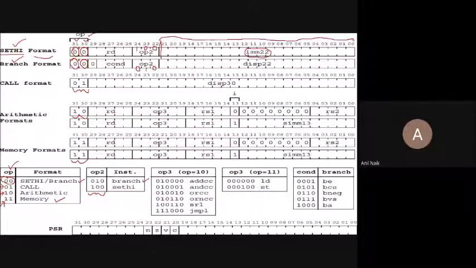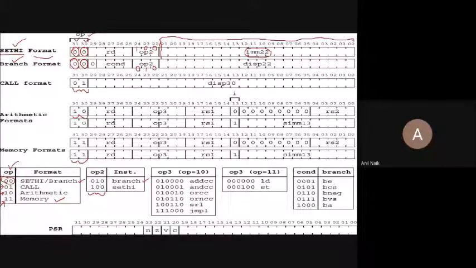So it is like, for example, Prathamesh, there are two members in your class, Prathamesh Kulkarni and Prathamesh Pawar, suppose. These 30 and 31 bits indicate the same name, no? Set high format is Prathamesh, branch format is Prathamesh. Both indicate one person.